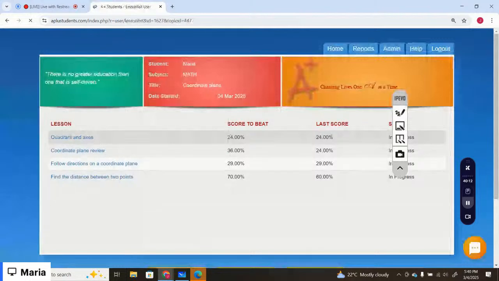So we were working on grade 8 math. The chapter we're working on is coordinate plane. The lessons we have covered today are quadrant and axis, coordinate plane review, follow directions on a coordinate plane, and find the distance between 2 points.